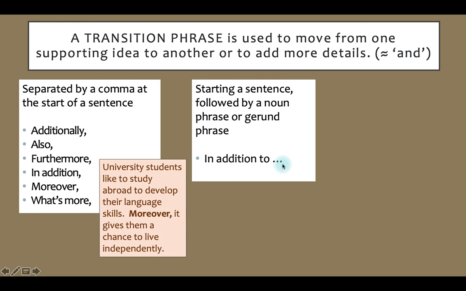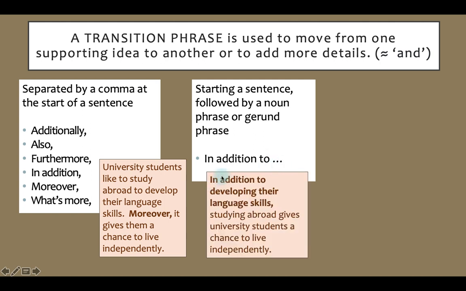Let's look at our example. In addition to developing their language skills, here I'm using a gerund phrase because I have the -ing. In addition to developing their language skills, studying abroad gives university students a chance to live independently. So this is another "and" connection.